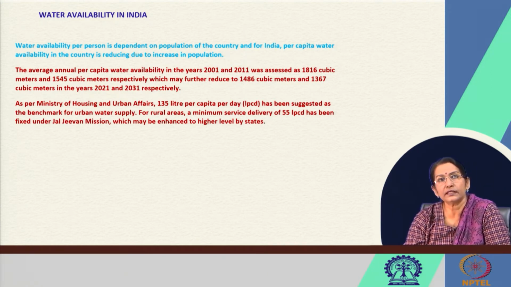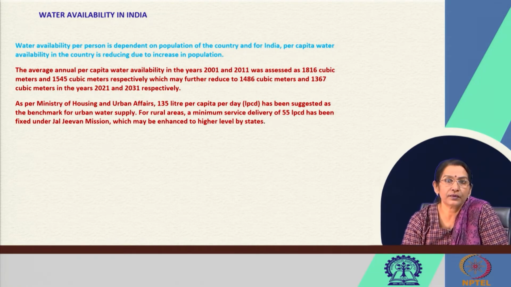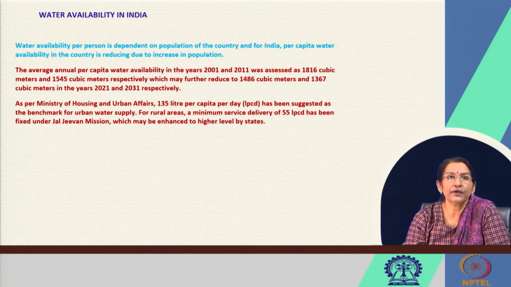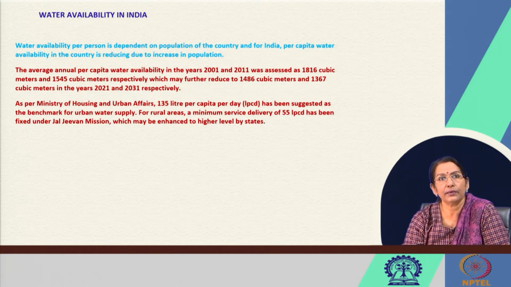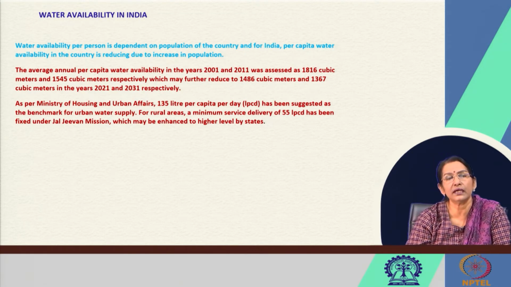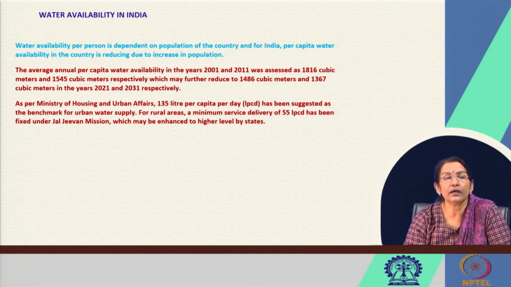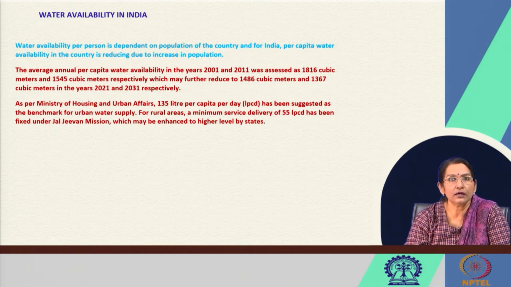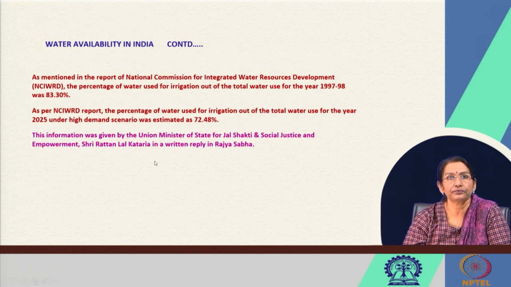But for rural areas, a minimum service delivery of 55 liters per household has been fixed under the Jal Jeevan Mission of the Government of India, which may be enhanced to a higher level by states, provided we have the availability of water from different sources, from underground sources, from rainwater sources and other sources, where we can store it and use it sustainably.